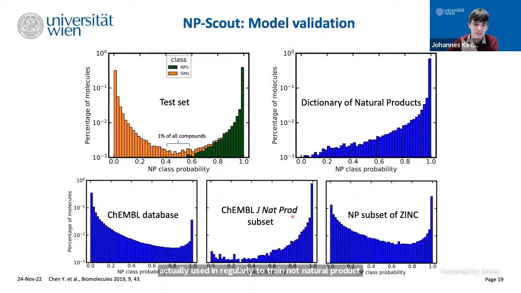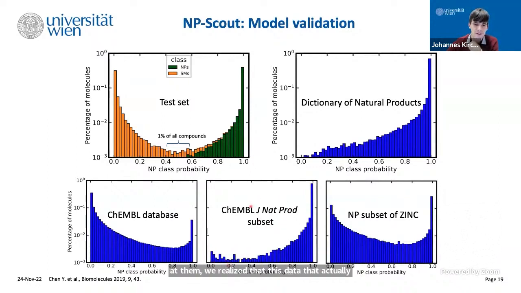But when we investigated this data set with NP Scout, with our machine learning models, we found that there are some molecules in there that are predicted as not drug-like at all. And by looking at them, we realized that this data set actually contains a substantial number of reactants that are of purely synthetic origin.